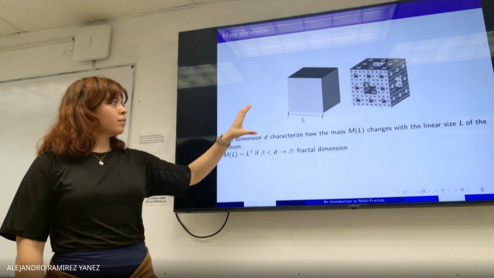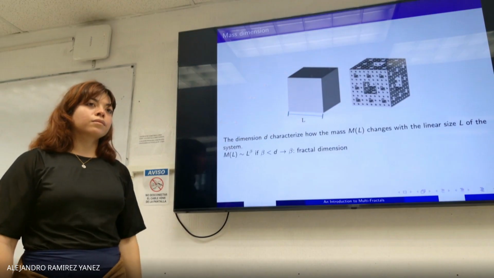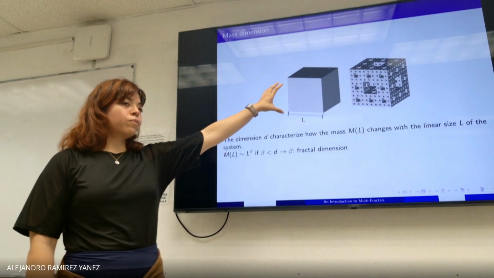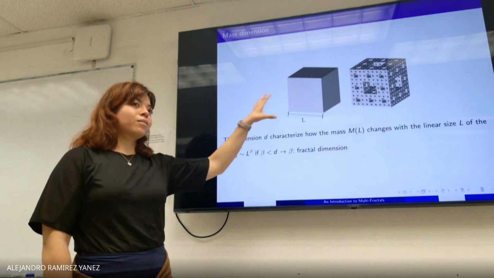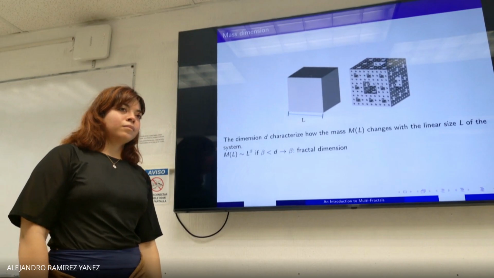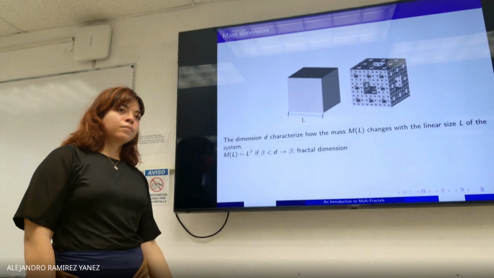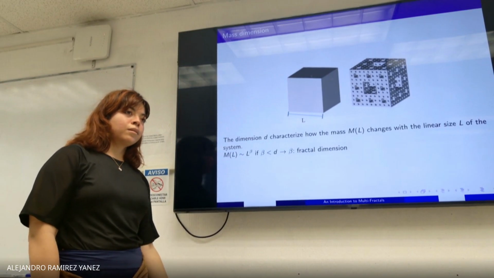Pero beta ahora para un fractal va a ser menor que la dimensión de tu figura original. ¿Para qué la beta entonces? Beta es la dimensión fractal. O sea, beta lo vas a estimar, ¿no? Sí.